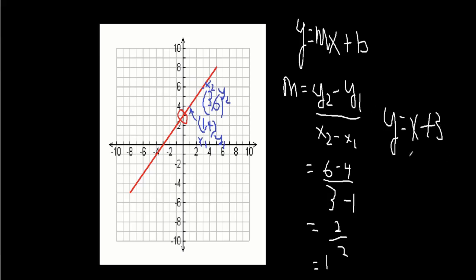That's our equation. And another way we could do this is taking the slope of this line using the rise over run method. We don't have to necessarily use y2 minus y1 over x2 minus x1.